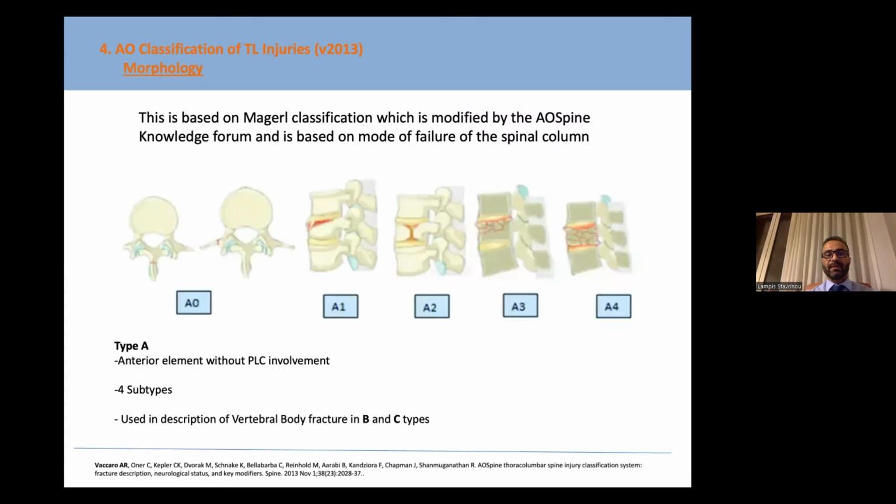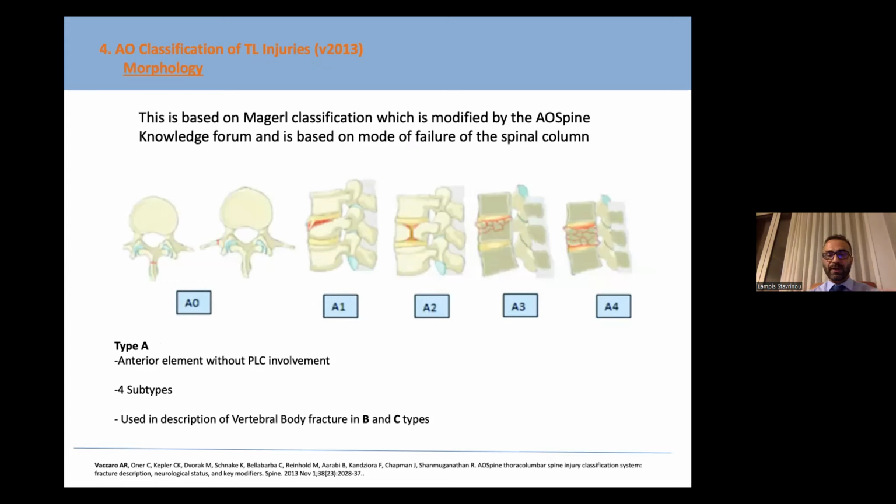Now, the A0 fractures are the fractures of the transverse processes or of the lamina without further implication. But the A1 to A4 type is the compression fracture of the anterior element without posterior ligamentous complex involvement.